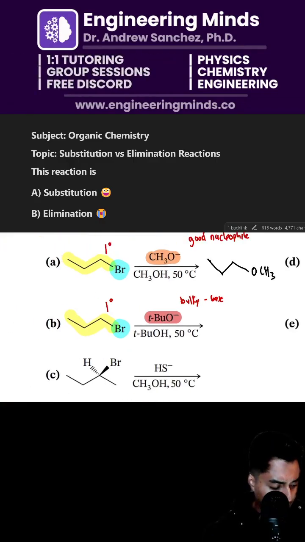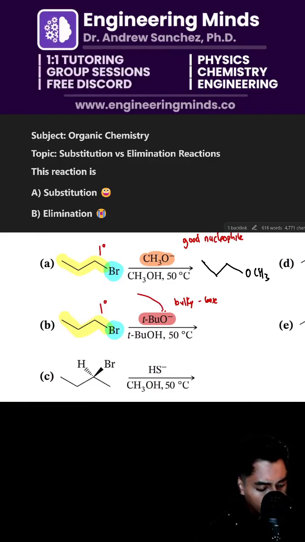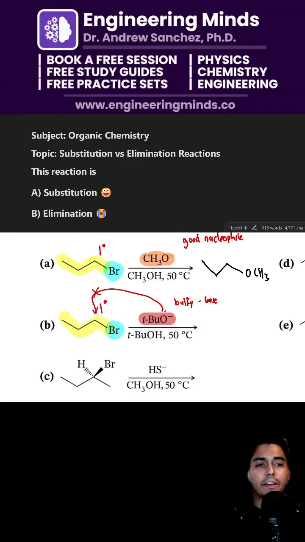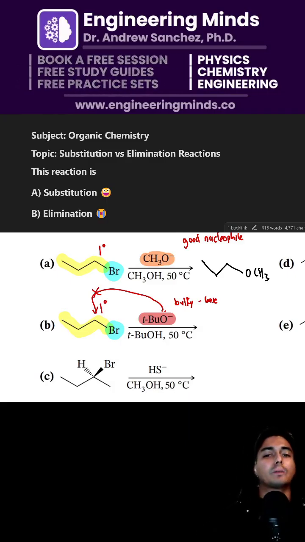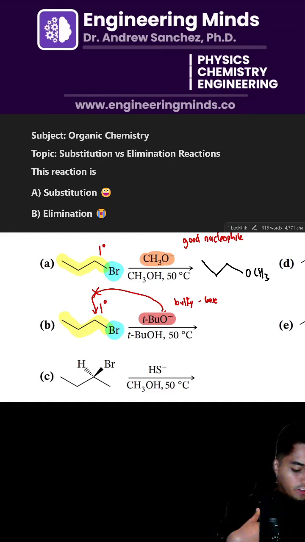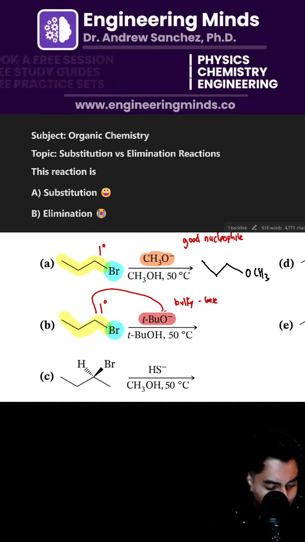So therefore, it can't be a substitution reaction, chat. It cannot be substitution because imagine this bulky base coming in from the back to do backside attack. This will not occur. It's going to be too bulky, too big. It's not going to fit. Imagine it getting blocked in the way. So this is not going to be a substitution reaction.